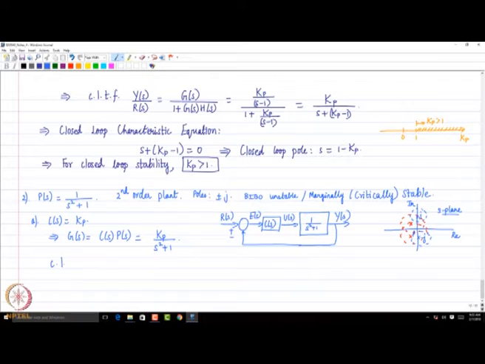So the closed loop transfer function is equal to G of S divided by 1 plus G of S H of S. That's going to be equal to Kp divided by S squared plus 1, the whole thing divided by 1 plus Kp divided by S squared plus 1. If I simplify this, what will I get? I will get Kp divided by S squared plus Kp plus 1.